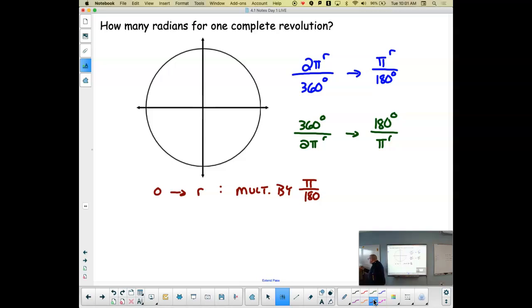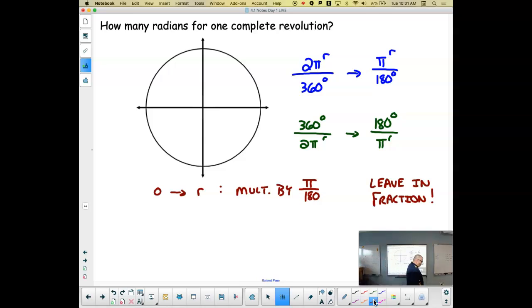And if possible, we want to leave our radians in fraction form.